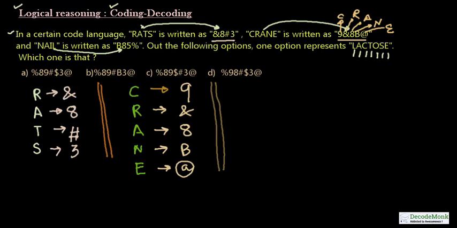Next we shall go to nail, N-A-I-L. For nail we have got B, then 8 5 percentage.